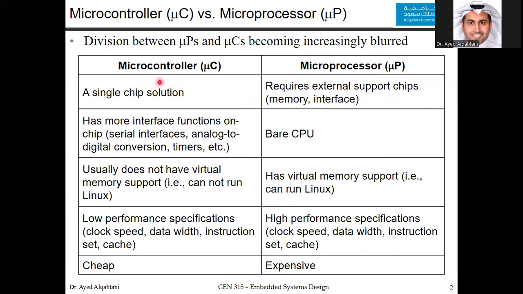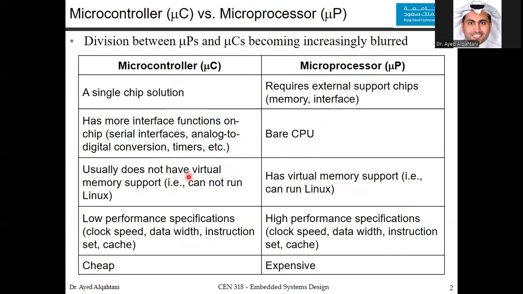The microcontroller has more interface functions on chip, like serial interfaces, meaning communication modules, and analog to digital conversion, timers, etc. While the microprocessor is just a bare CPU. The microcontroller usually does not have virtual memory support, while the microprocessor has virtual memory support.